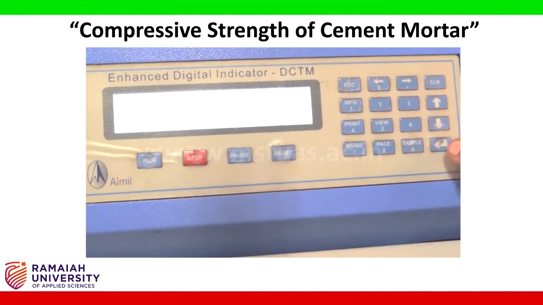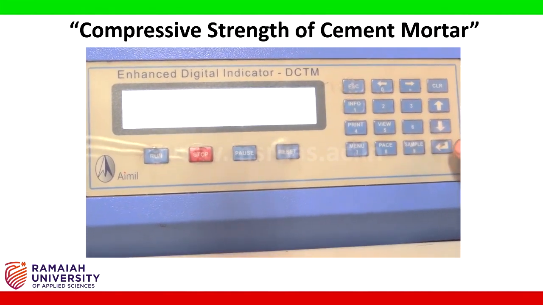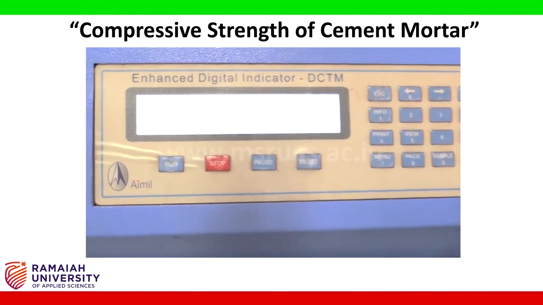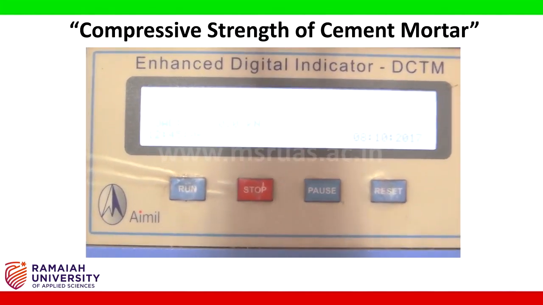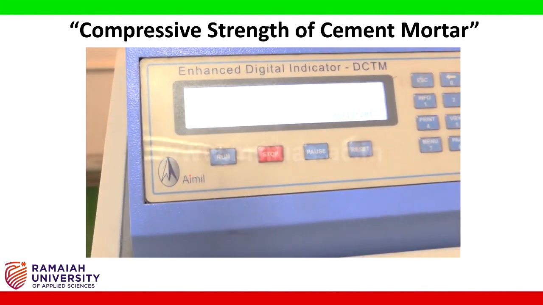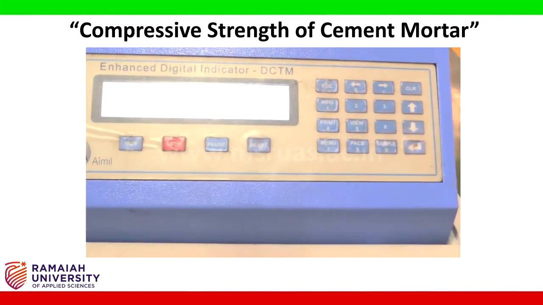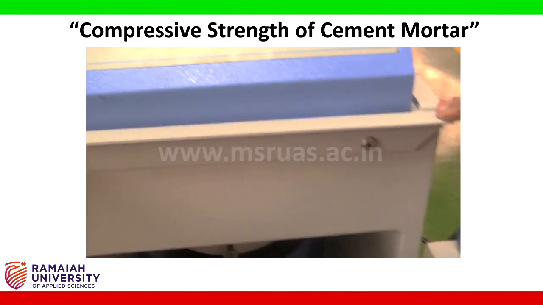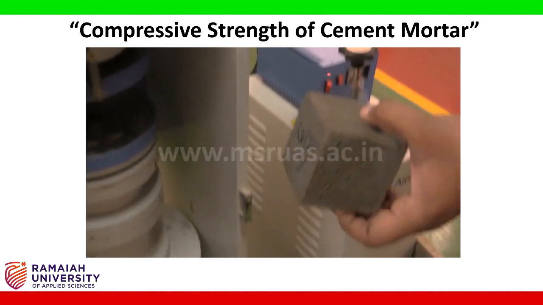The unit will be in SI unit, and it shows the capacity of your machine and it comes to the load thing. After that, we are going to place the sample on the compression testing machine. This is the sample we prepared.